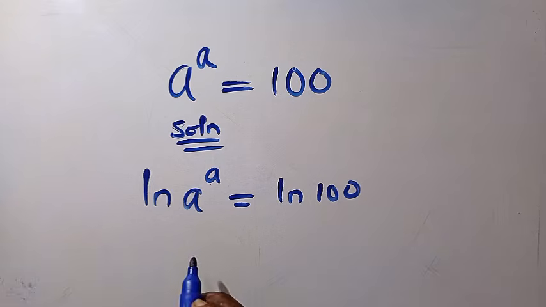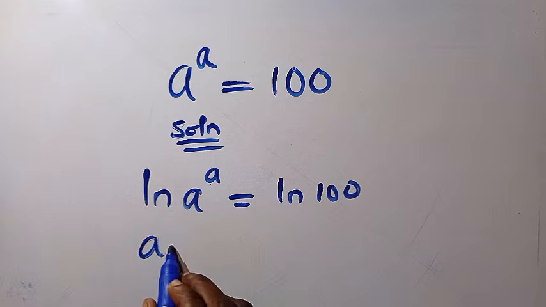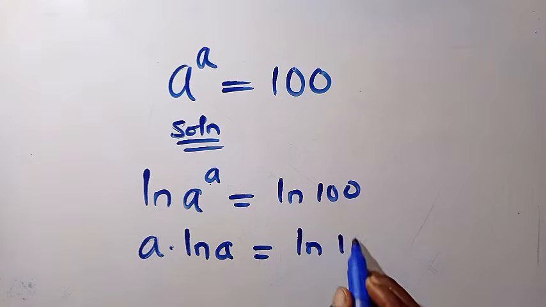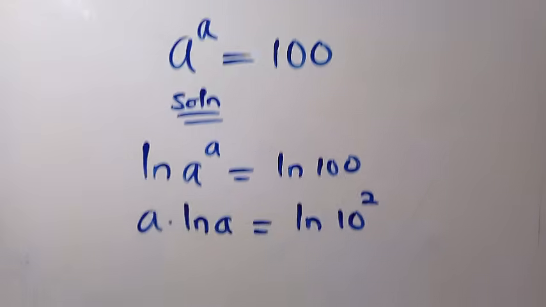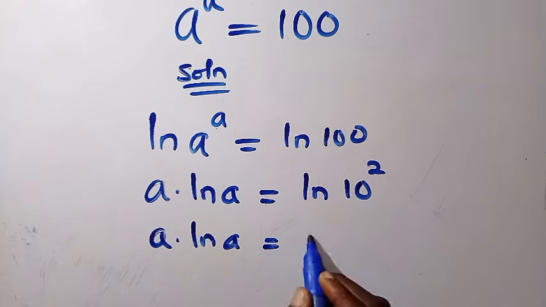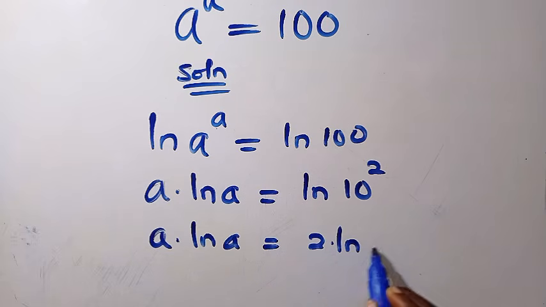With this, A comes down, and we have A multiplied by ln A equals ln of 10 to the power of 2. Then we have A multiplied by ln A equals 2 multiplied by ln 10.